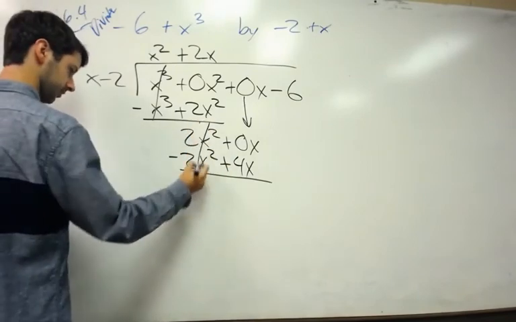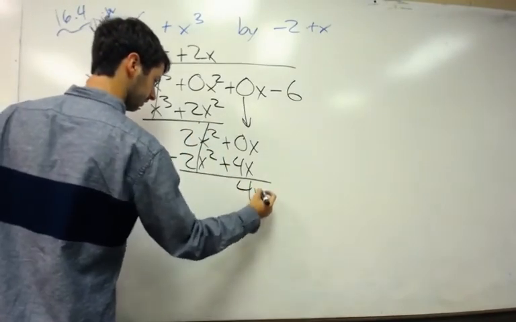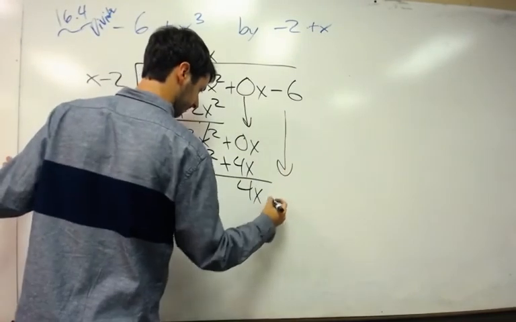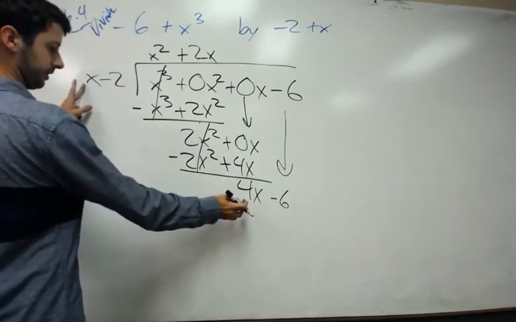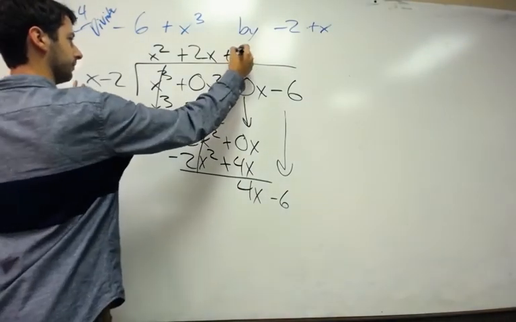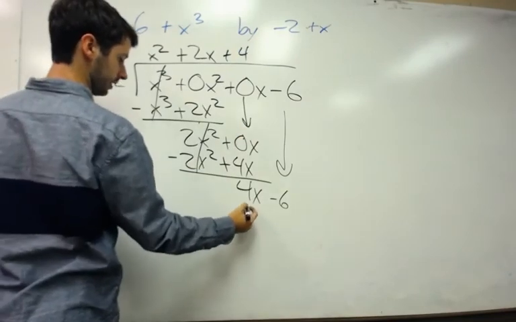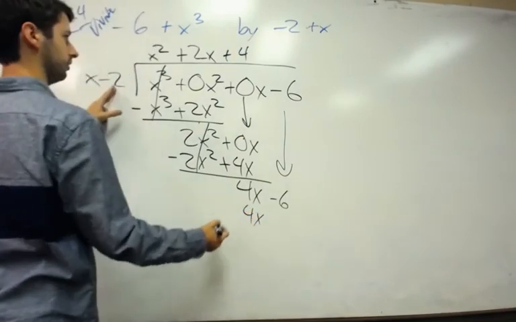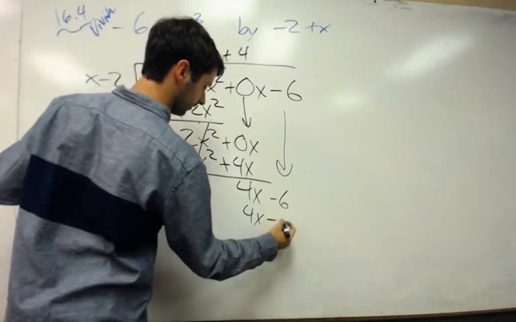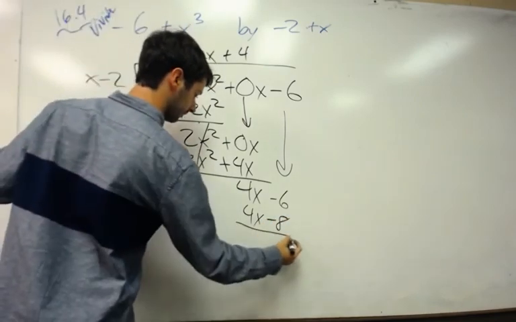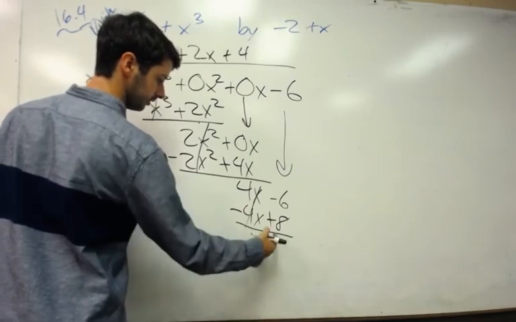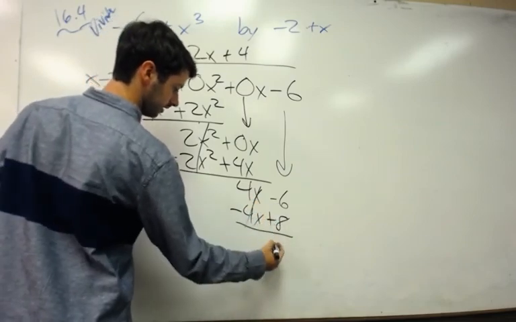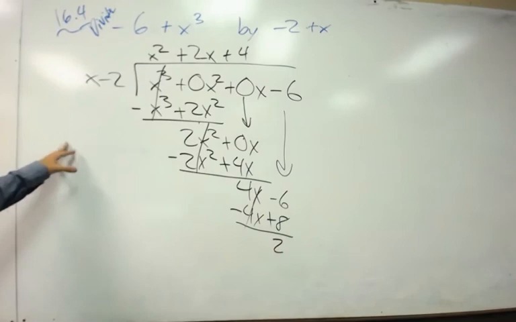Those eliminate. That's 4x. Bring down negative 6. Have to multiply x by 4 in order to get 4x. 4 times negative 2, negative 8. Change signs. Eliminate. Negative 6 plus 8 is positive 2.